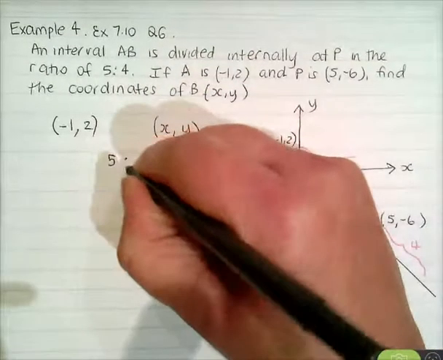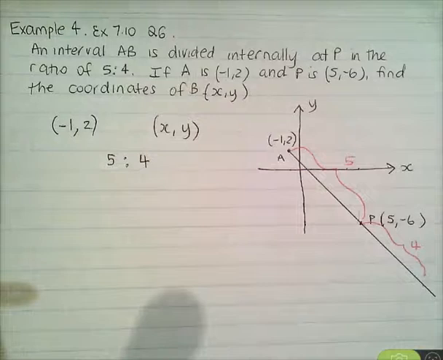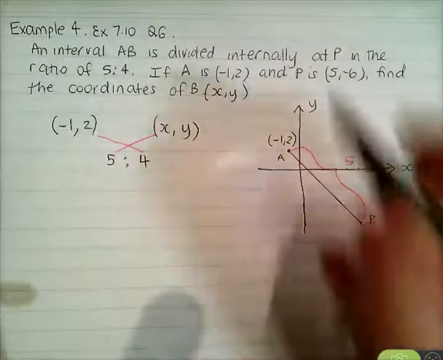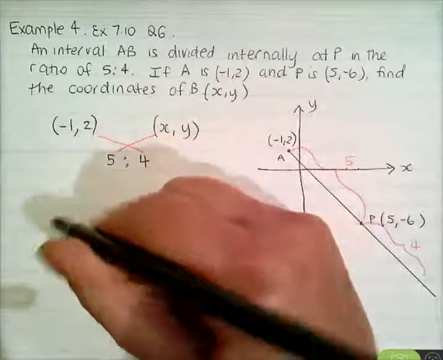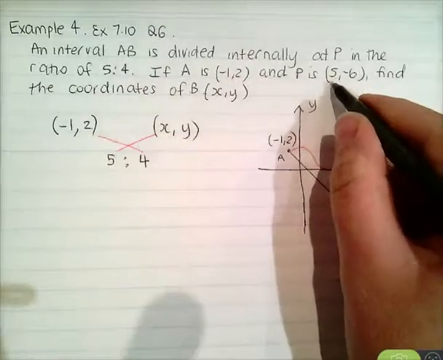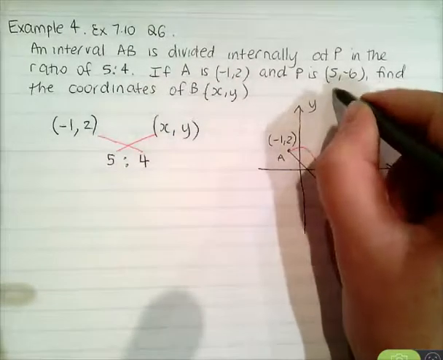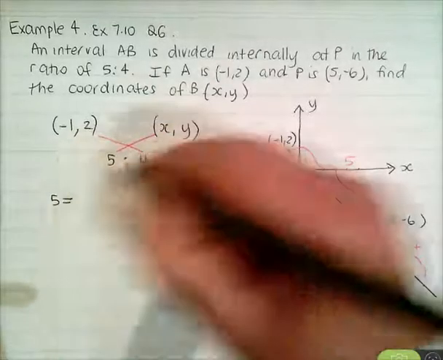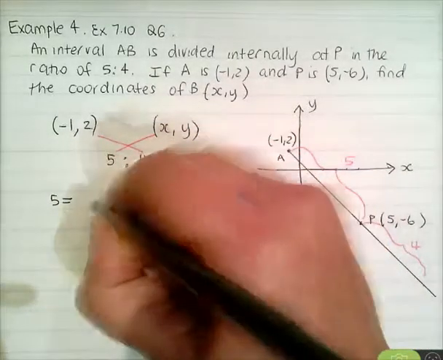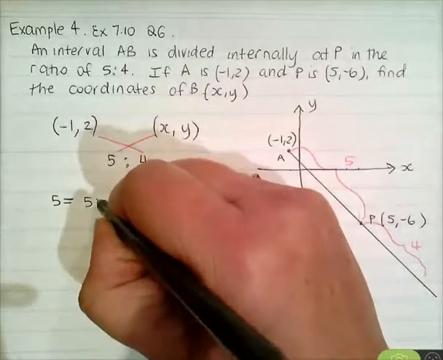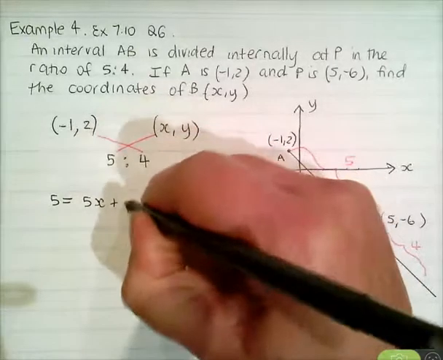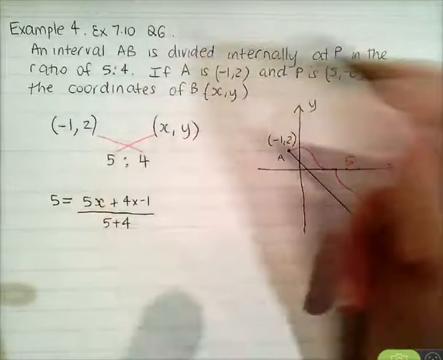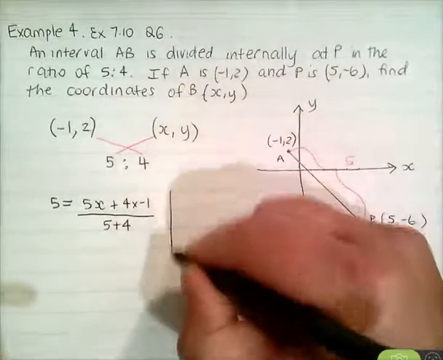We know that the ratio is 5 to 4, and what we do know this time is the answer that we will get, which is (5, -6). Because 5 is my x value and negative 6 is my y value, I'm going to go that 5 equals 5 times the x value plus 4 times negative 1, over 5 plus 4. So we set that up there for the x value.